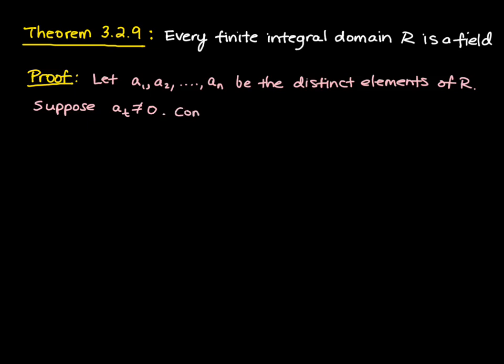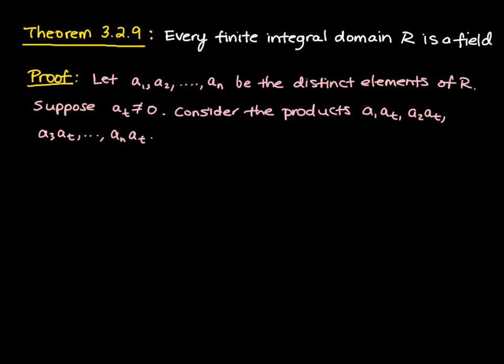So consider the products A sub 1 times A sub t, A sub 2 times A sub t, A sub 3 times A sub t, all the way up to A sub n times A sub t. Well, since we multiplied A sub t by n elements, we're going to get n products.